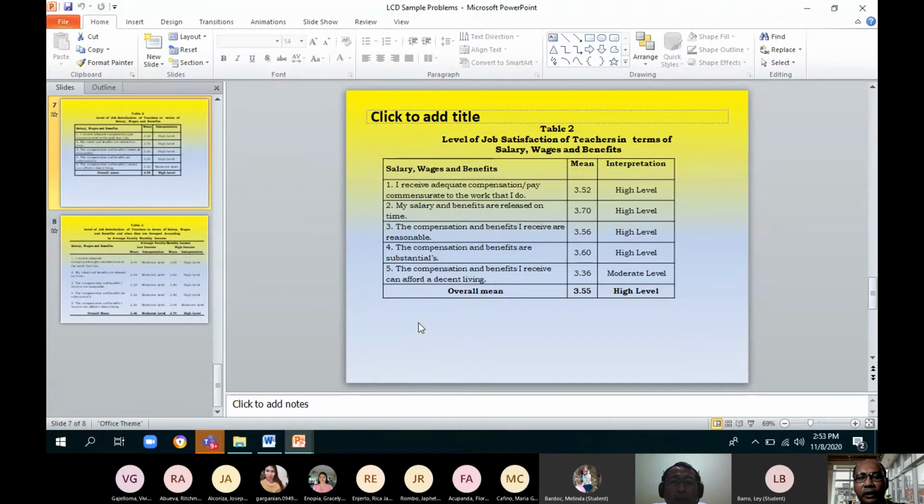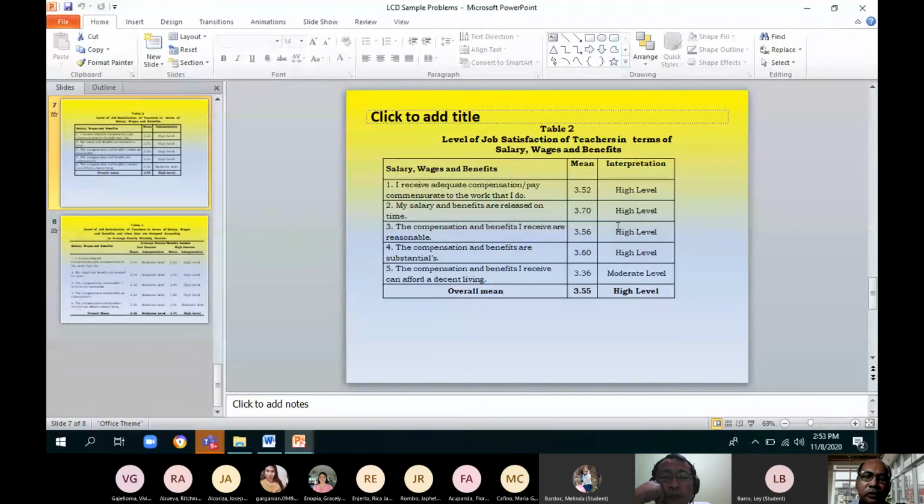And interpreted as, ano ang interpretation? High level. Yon, ganon. So meaning, highest, lowest, and overall mean. Then after that, na-discuss mo na ang highest, na-discuss mo na ang lowest, kag ang overall mean.